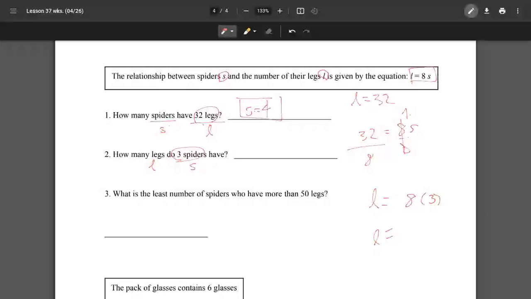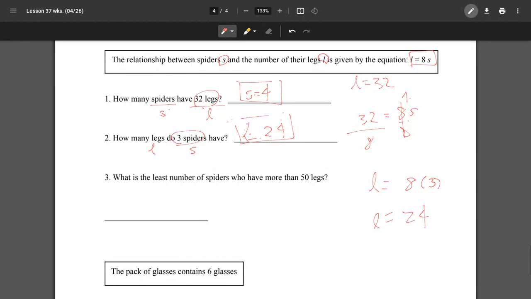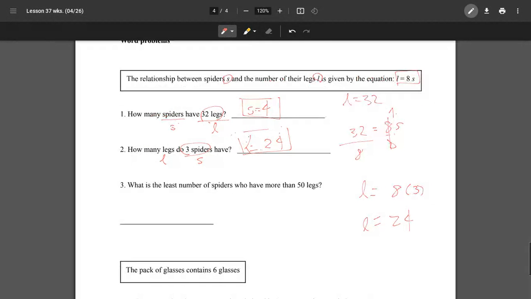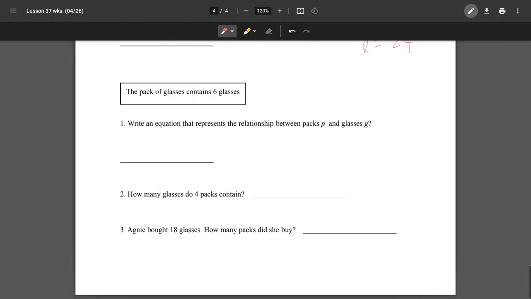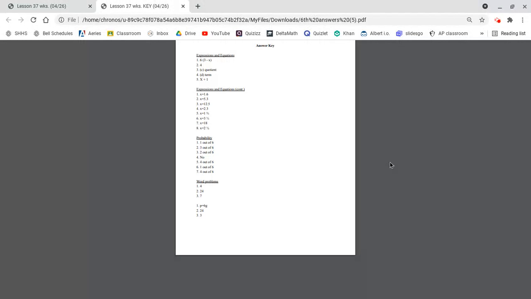And 8 times 3 equals 24, right? And so 3 spiders have 24 legs. Okay. So use the equation to solve for the rest, and try the rest on your own. And here is your answer key.